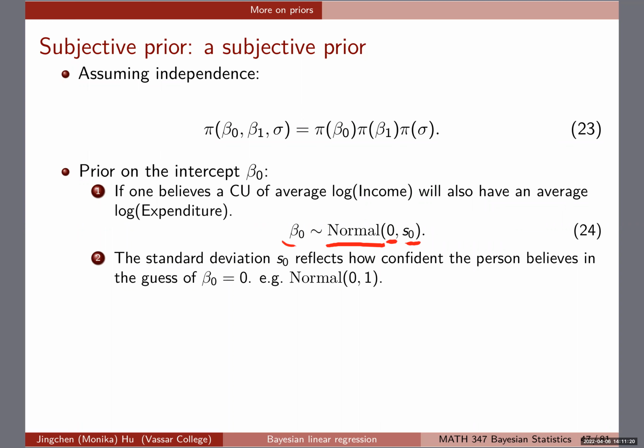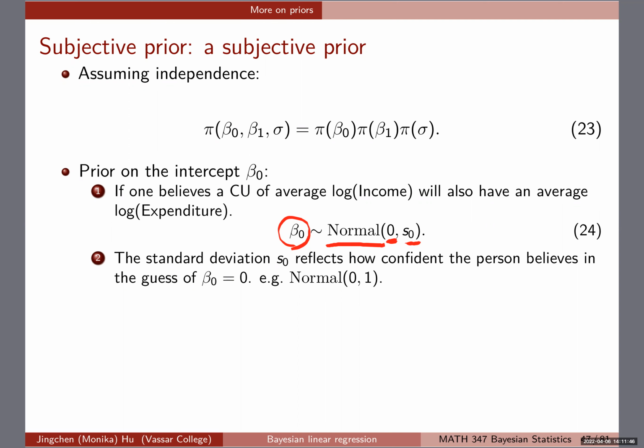This is saying that if I believe beta 0 is going to be 0, which is the mean, then my S0 can control how confident we are. If we think beta 0 is really at value 0, then I can choose a small S0. But if I'm not very confident, I just think it might be around 0, I can choose a larger S0 value. So that's for beta 0.